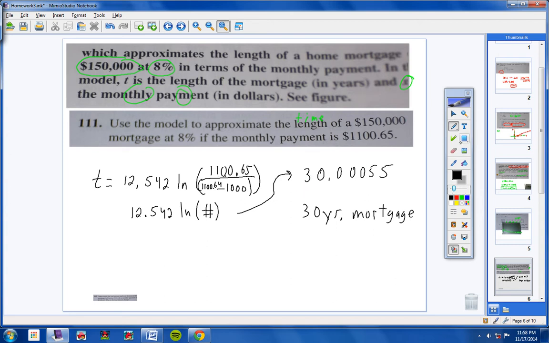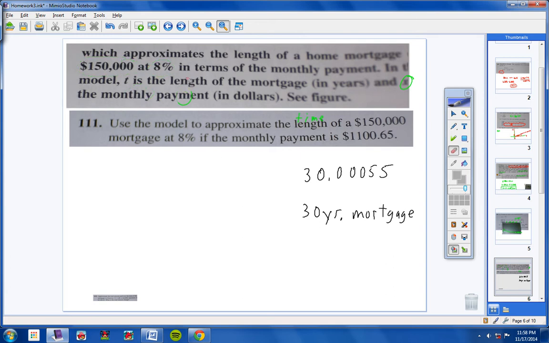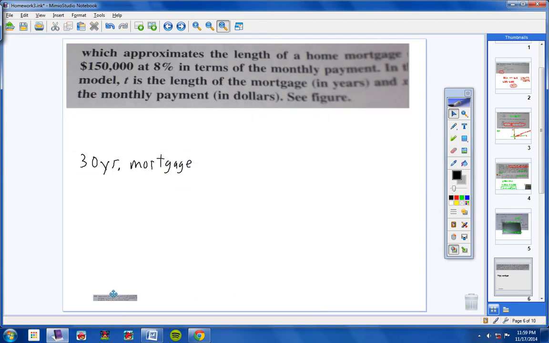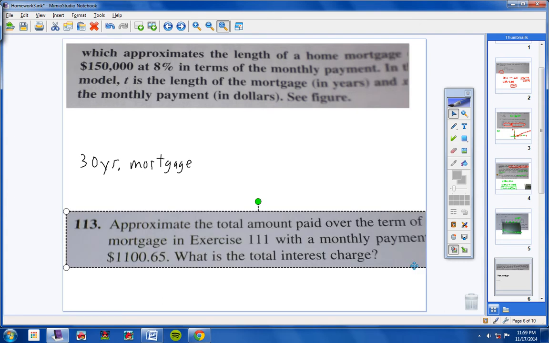Okay, now let's come over here, and slide this up here, slide this down here. And now let's look at number 113.